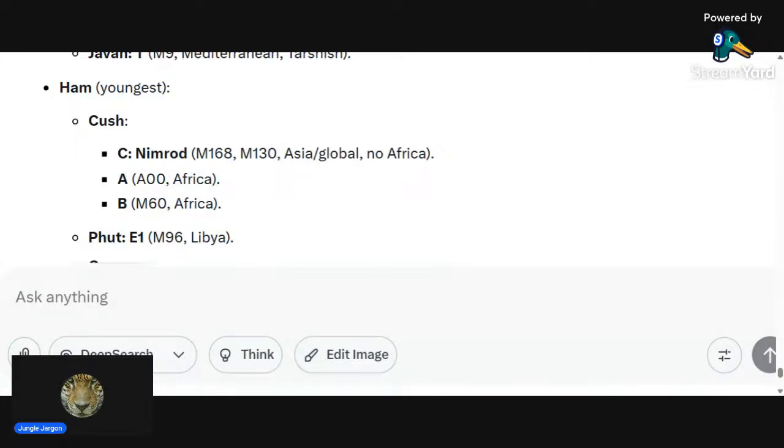Kush, M168, M130. So Kush's unique marker is M130. His shared marker is M168, except with Africa. Now, this is the basal.